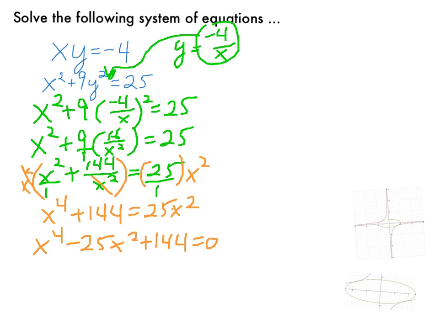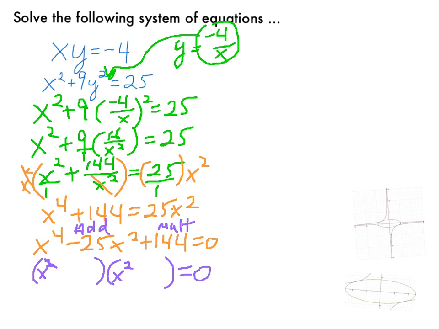So, what do I mean? Well, that would then look like this. I'm going to draw two parentheses, set it equal to 0. And what times itself gives us x to the fourth? x squared times x squared. And what two numbers multiply to give us this number, 144, and add up to give us this number, negative 25?